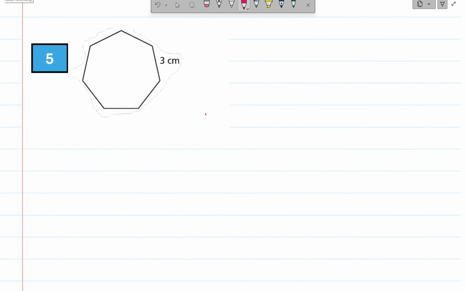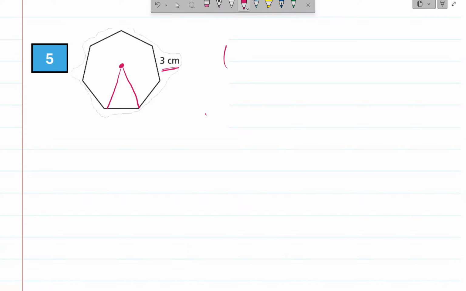Dear students, one more question left. We have this heptagon, question 5. Again, we need to draw the center and the sides, but fortunately this time it gave us each side is 3.